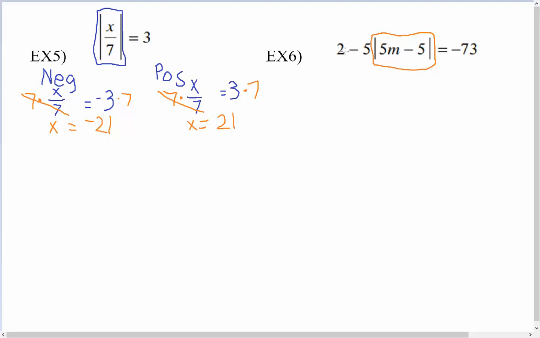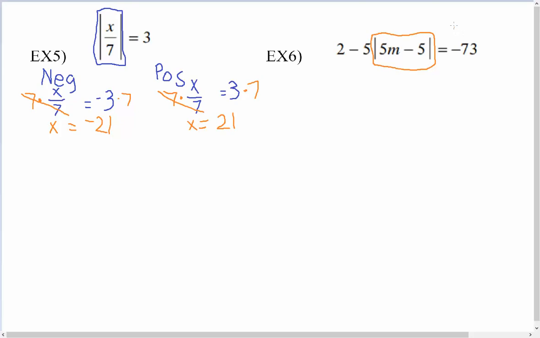And the way we do that is the same way we would solve an equation. So I don't see distributive property because as much as you want to think this is, it's not. Don't see like terms because the 5 is attached to the box. That's 5 times that. We can't just combine the 2 and the 5.